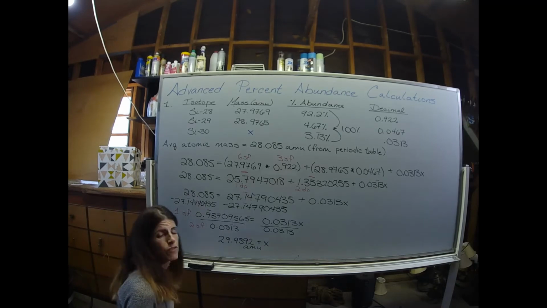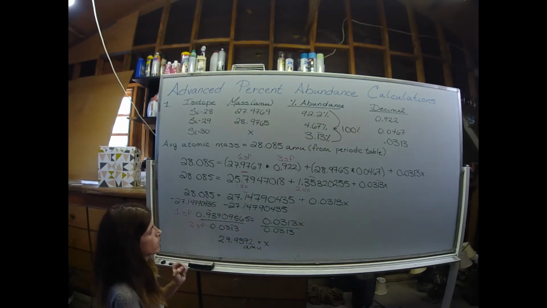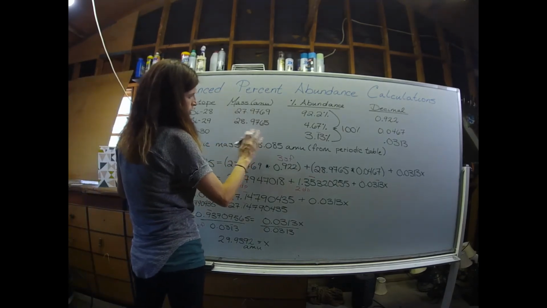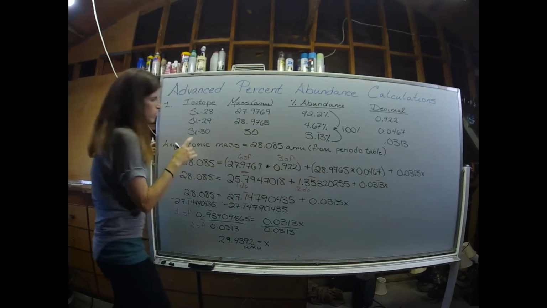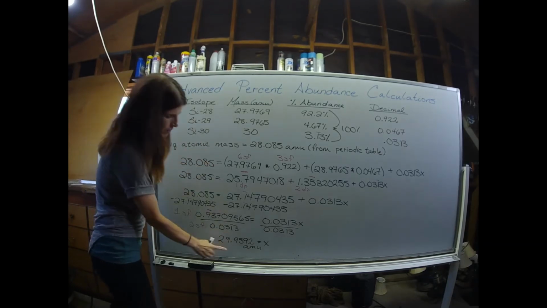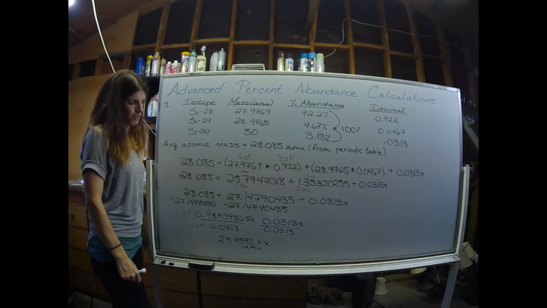I used this value, and it worked out. But officially, because we're down to 1 sig fig, the best we can do up here is to just say that x equals 30 AMU, which we already kind of knew, but here's a more precise value, even though all the digits aren't significant.